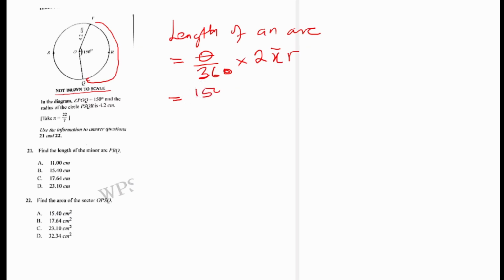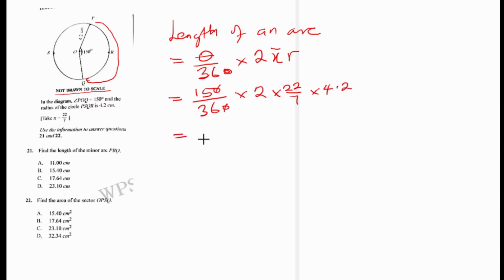So we put 150 degrees here over 360 times 2, times pi, which we were given as 22/7, times the radius of the circle, which is 4.2. We can use this 0 to cancel this 0.